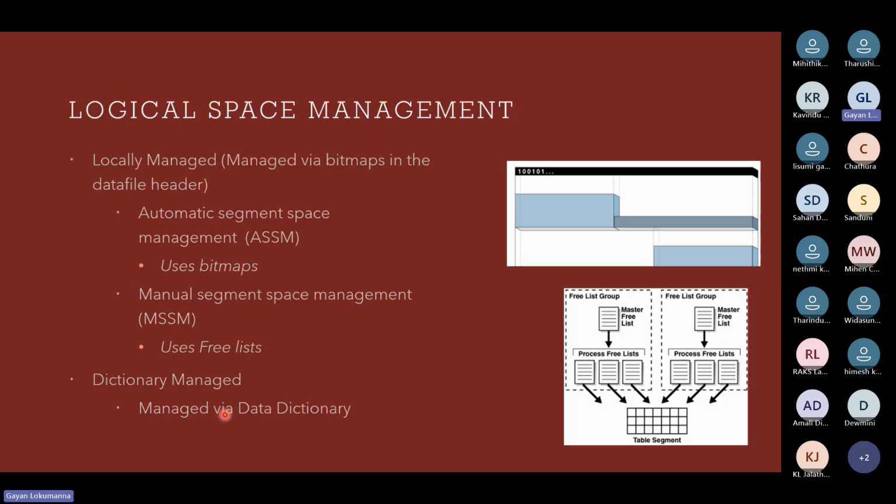This allocation and deallocation tracking happens at the data dictionary tables. The data dictionary is something that you find inside one table space called system. The system table space has quite a lot of data dictionary tables, and it is really there for internal purposes only. We don't directly access these data dictionary tables.